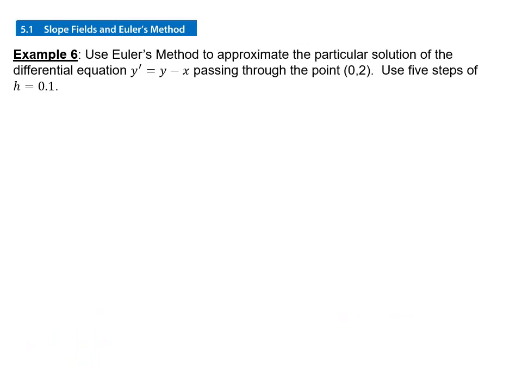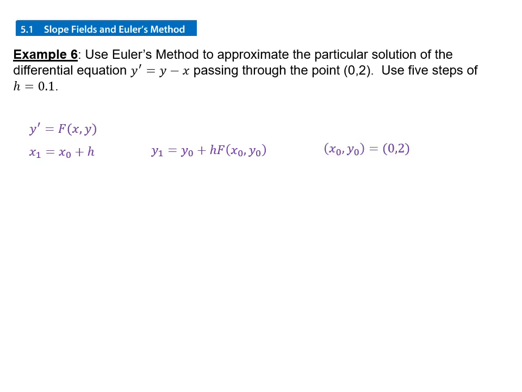Use Euler's method to approximate the particular solution of the differential equation y prime equals y minus x passing through the point 0, 2. Use 5 steps of h equals 0.1. So y prime equals f of x, y. x1 equals x sub 0 plus h. y1 equals y sub 0 plus h times f of x0, y0.